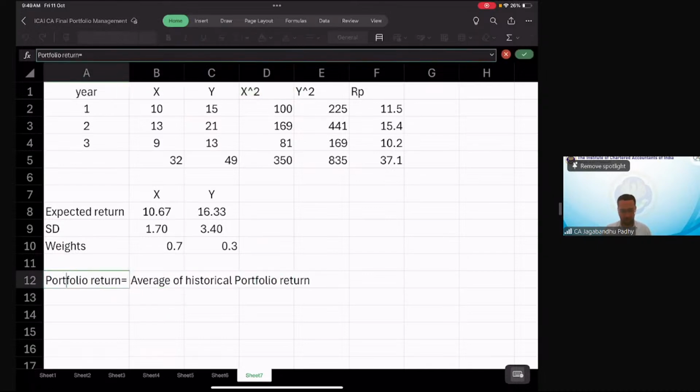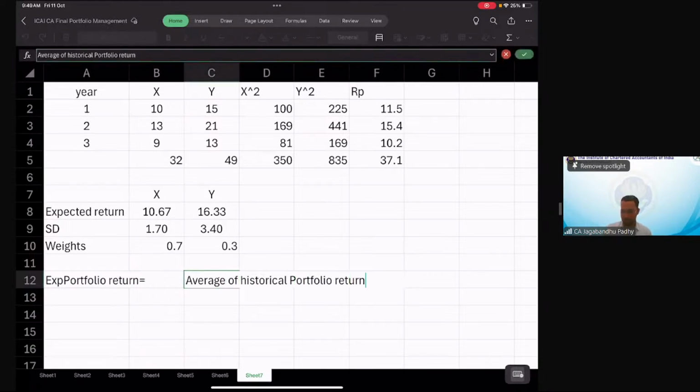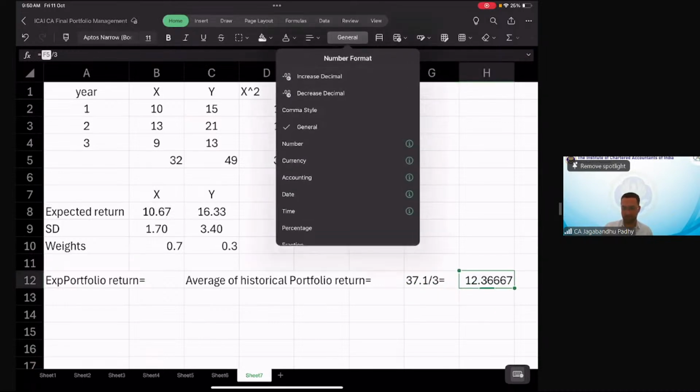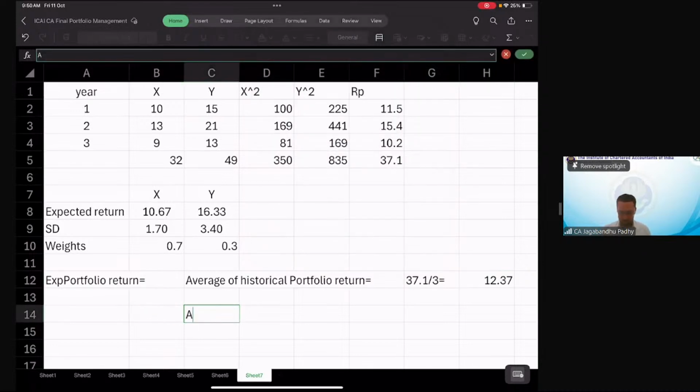So if you're looking for calculating what is the expected portfolio return, we are simply taking the average of historical portfolio return, which is nothing but 37.1 divided by 3, which is simply 12.37.